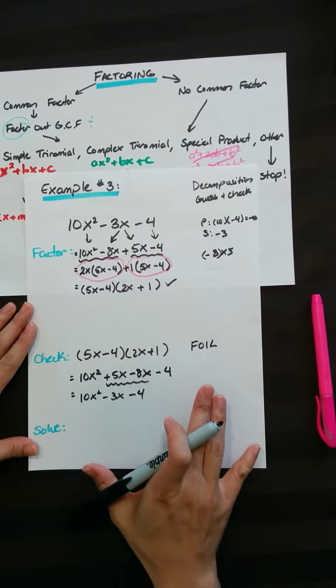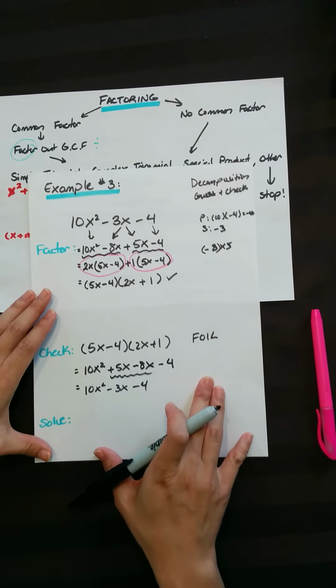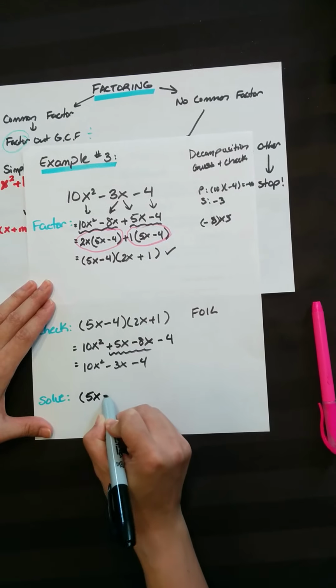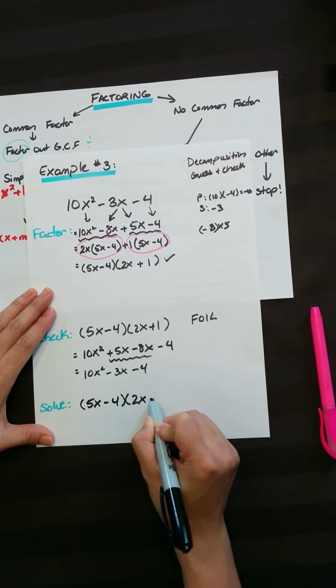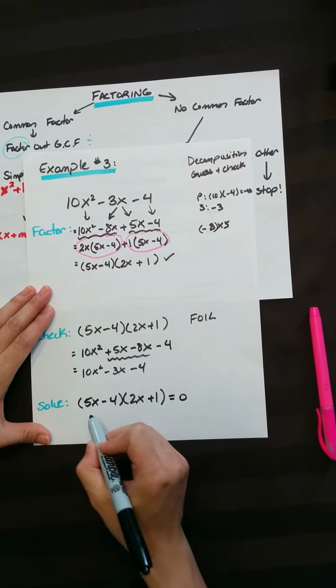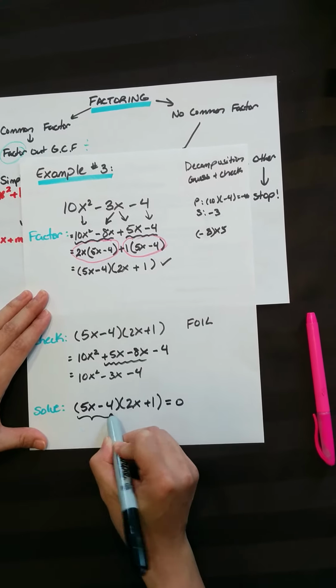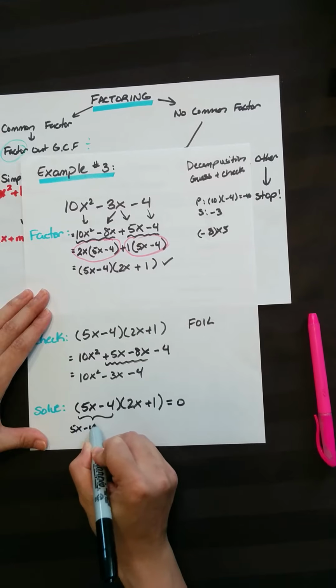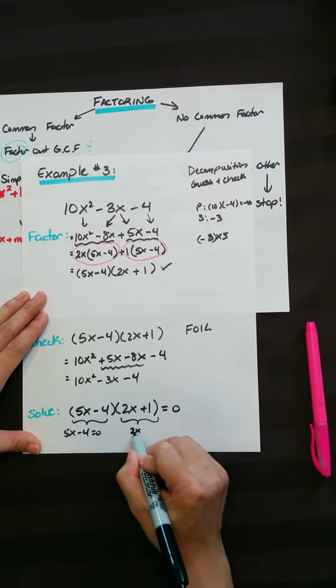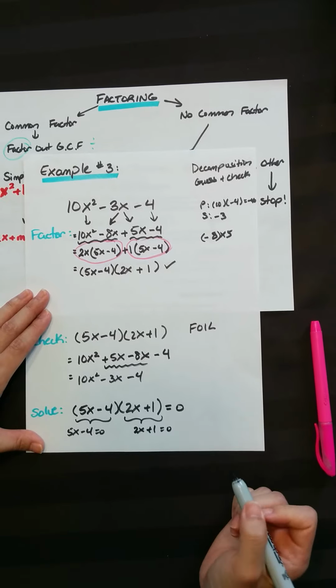All right, and lastly, if they ask you to solve it, you're going to take your factored part, 5x minus 4, 2x plus 1, make sure to put the 0 at the back, and then again, solve both cases. So in this case, 5x minus 4 equals 0, and in this case, 2x plus 1 equals 0.